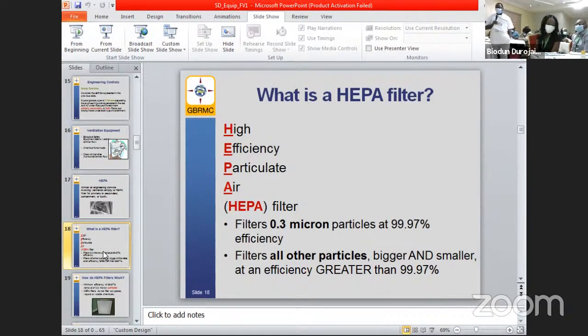In essence, it is high efficiency because we are talking about a filtration system with up to 99.97% efficiency, like we have in aircraft. As much as possible, nothing escapes from it. That's why it is helpful.